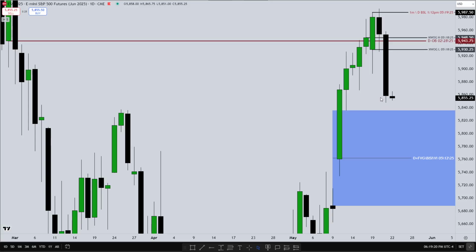The reason I'm 50-50 right now is because I see potential to trade back up into this gap. So I want to see it trade up into that gap, and based on the reaction there, I would be able to confirm whether it's likely to draw up into here.